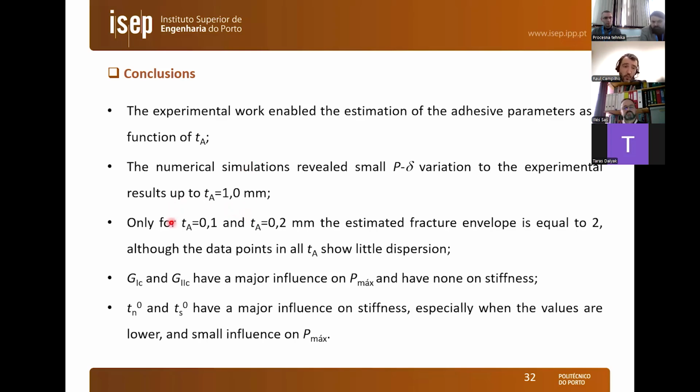The envelopes were only accurately predicted for thicknesses of 0.1 and 0.2, and then we started having slight deviations. And also we checked the influence of the cohesive parameters on the results of the P-delta curve of the SLB test, which tells us that all of these parameters must be characterized and defined with accuracy.